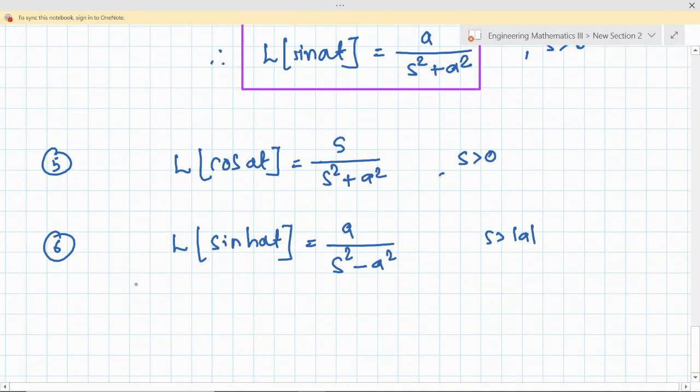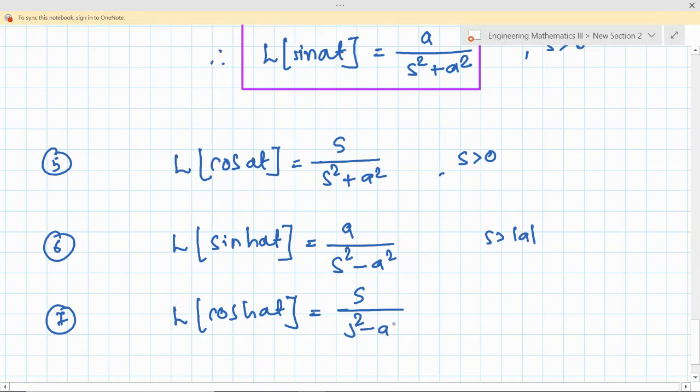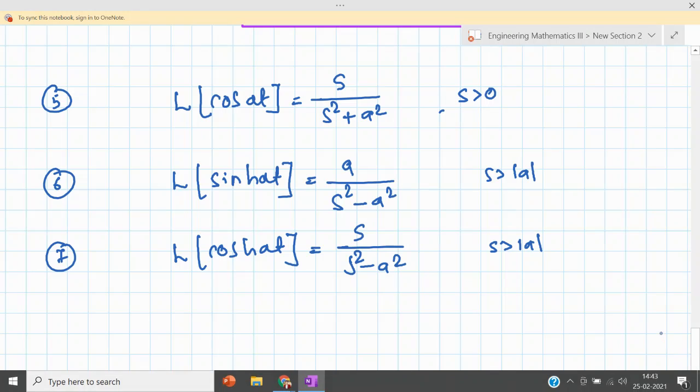The seventh rule is Laplace of cos hyperbolic at, the only change is what? s divided by s square minus a square. Okay, again s is greater than mod a. This is the only change here that we have.